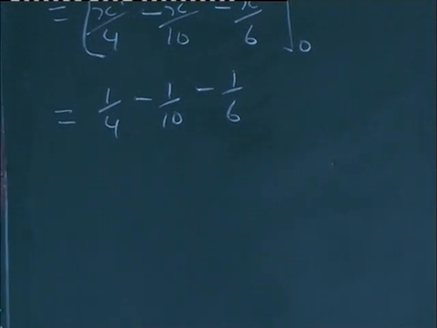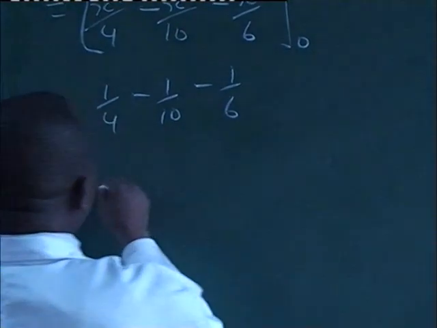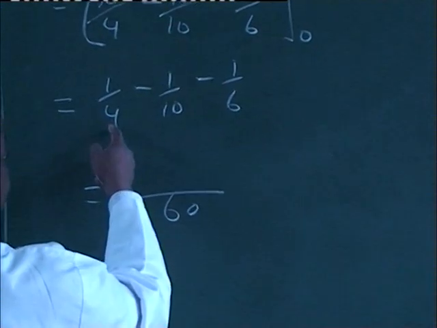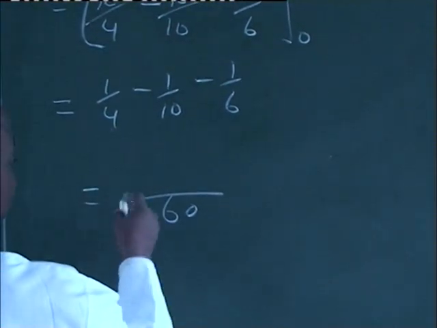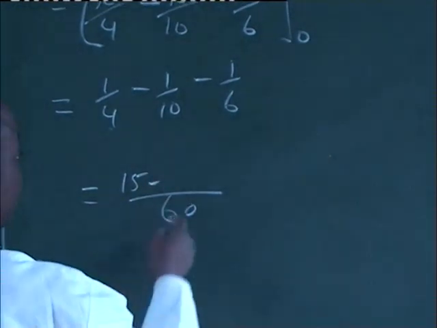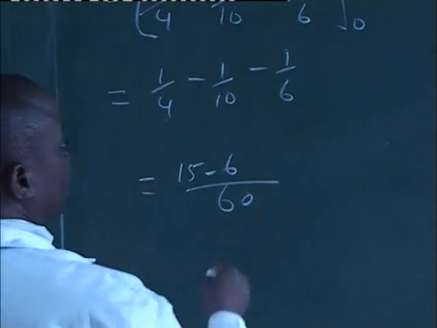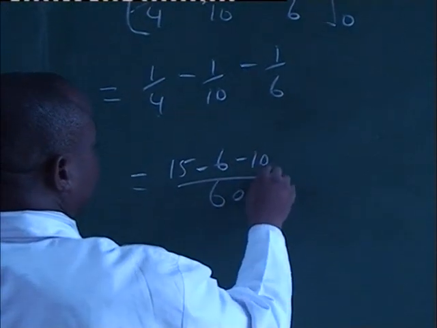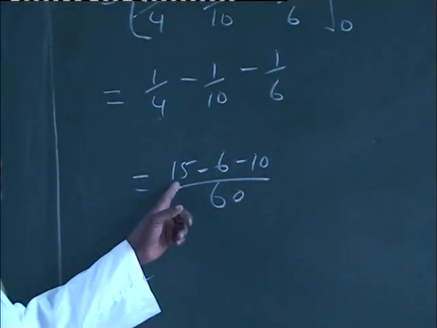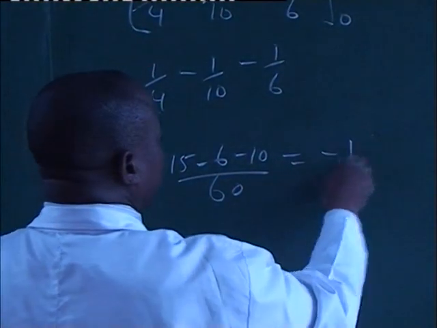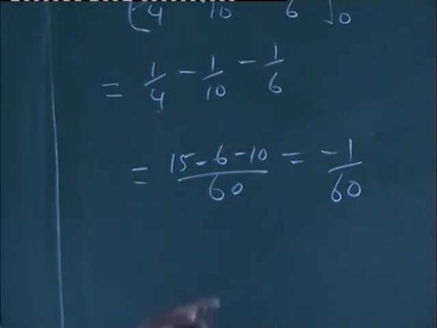Now what is the LCM here? The LCM becomes 60. And then 60 divided by 4 is 15. We have 15 minus 6, since 60 divided by 10 is 6. Then minus 10. So we then have minus 16 plus 15, which is minus 1 over 60.